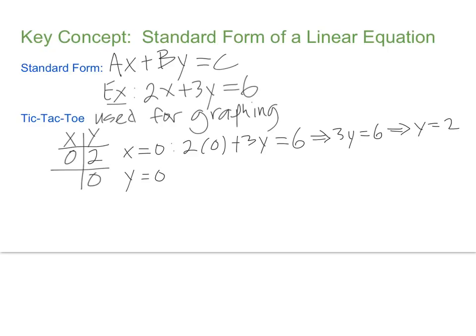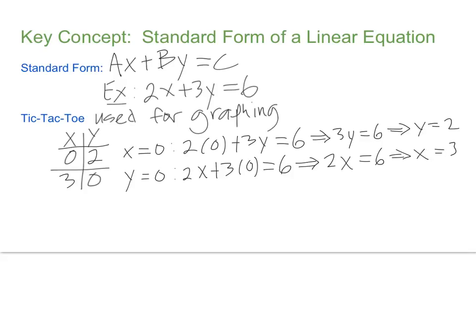Do the same thing this time with y equals 0 on the next line, and we see that 2x plus 3y, which is now 0, equals 6. Again, anything plus 0 is what it is, so I have 2x equals 6, divide both sides by 2, and I end up with x equals 3.